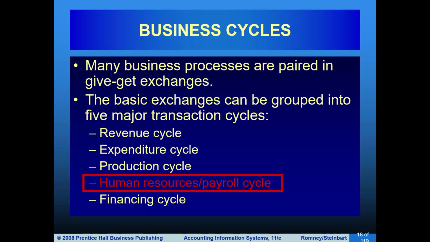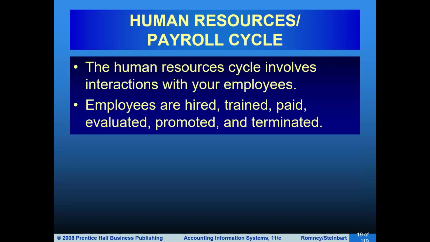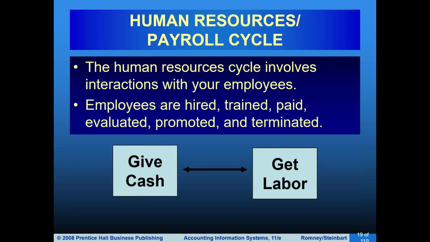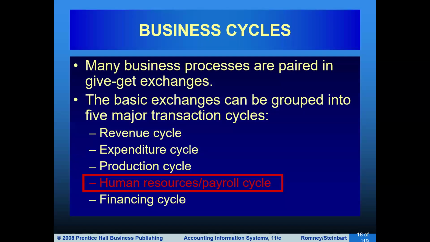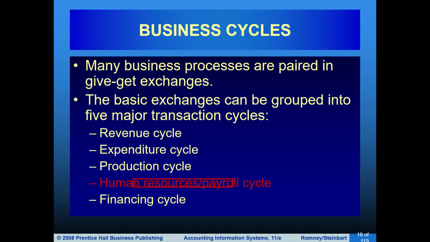The human resource cycle is another important cycle. You and I are also involved with this cycle. The human resource cycle involves interaction with your employees. Remember, the production cycle is a transformation process inside the organization, where raw materials and labor are transformed into finished goods. But in the revenue cycle, you interact with the customer.